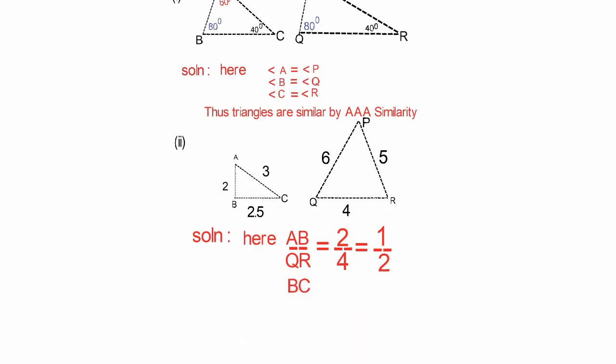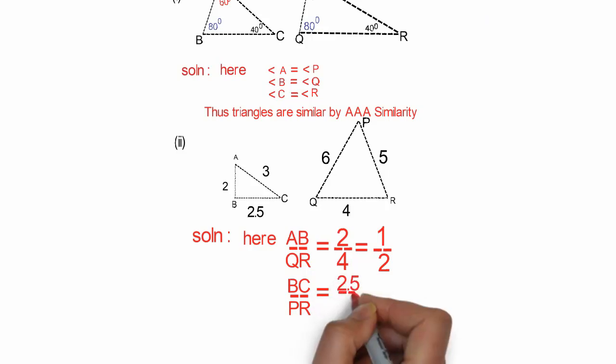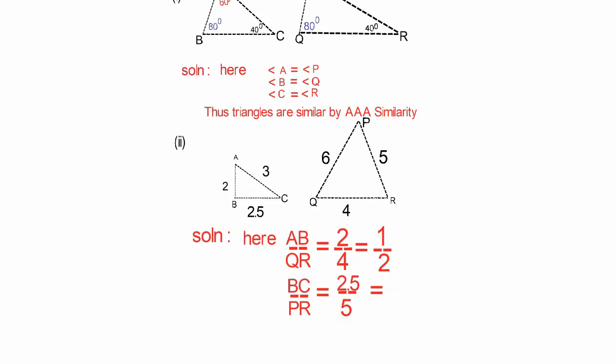Now come to the second ratio. The side BC of the first triangle and PR of the second triangle have the ratio 2.5 upon 5. If we remove the decimal, we get 25 upon 50, and after calculation we get 1 upon 2.